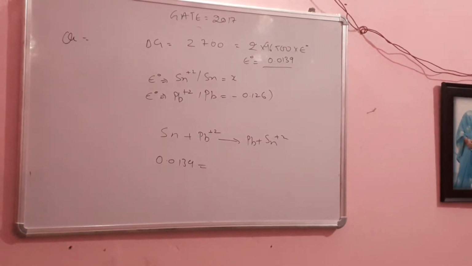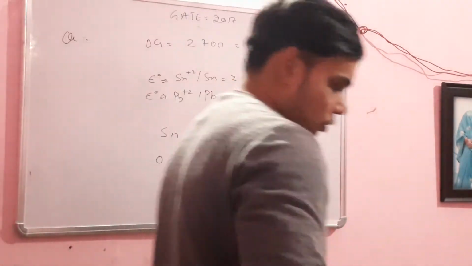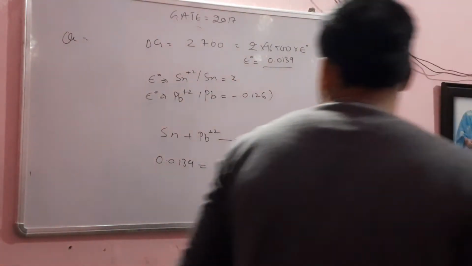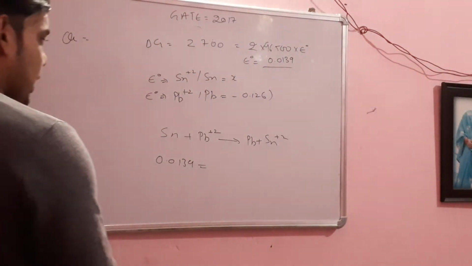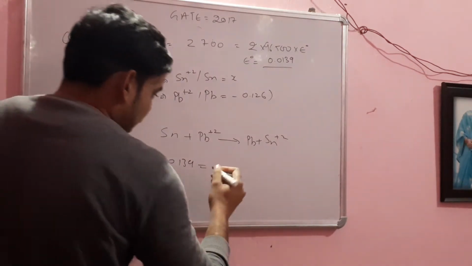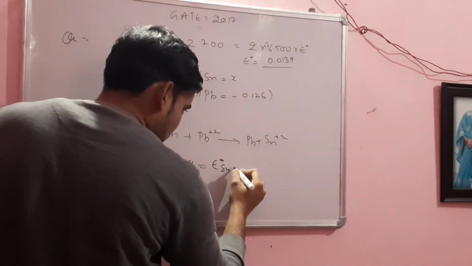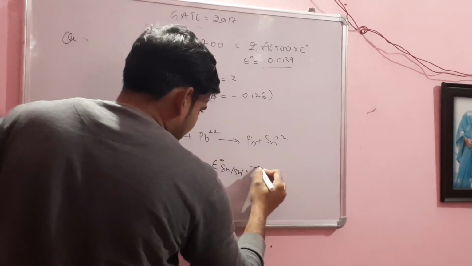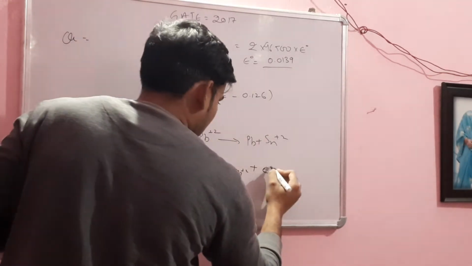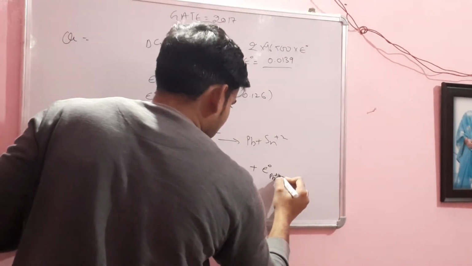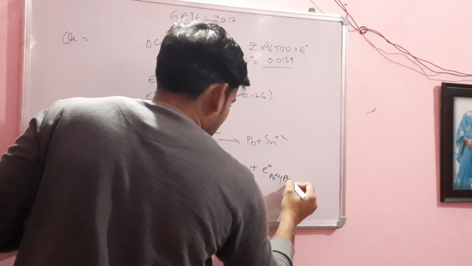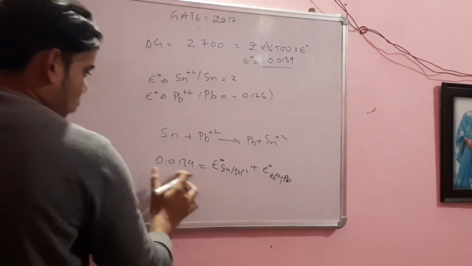Sorry for that disturbance. So, what we know from this equation is that if we add E naught of Sn to Sn plus 2, and then E naught of Pb plus 2 to Pb, if we add these two, we'll get this one.